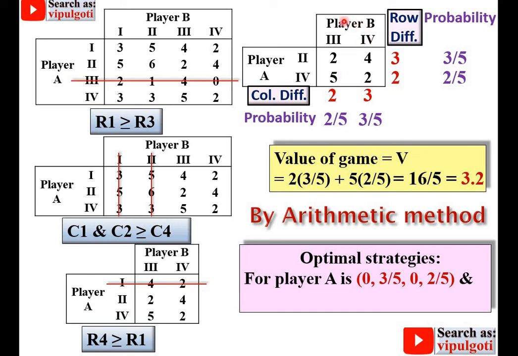Similarly, you can write the optimal strategy for player B. So here you can see player B follows only the third and fourth strategy, and so there is 0 probability for first and second. The probability for the third strategy is 2 by 5. The probability of the fourth strategy is 3 by 5.